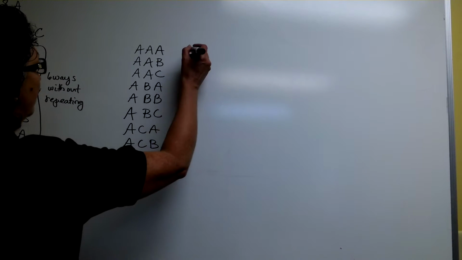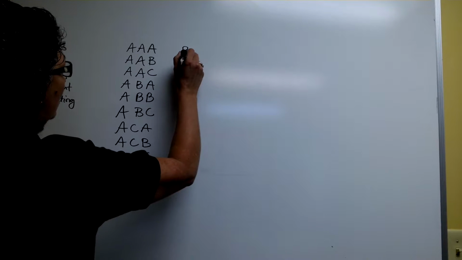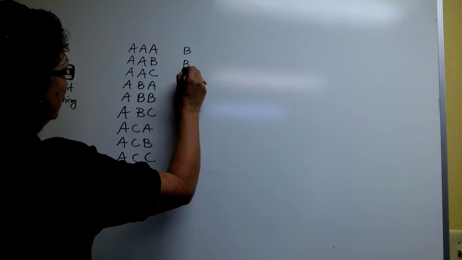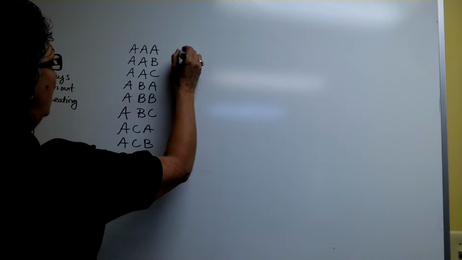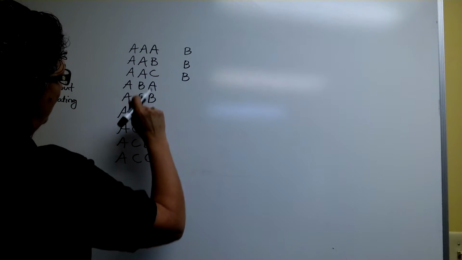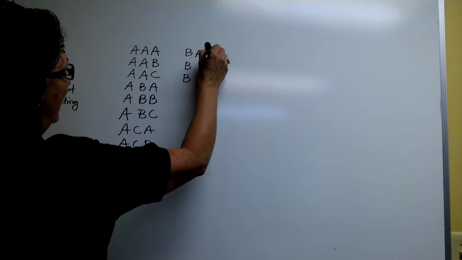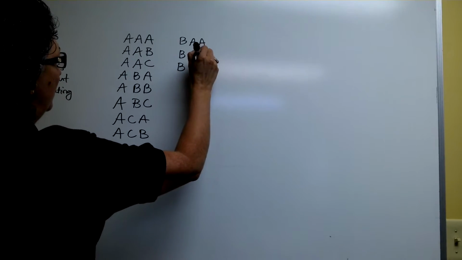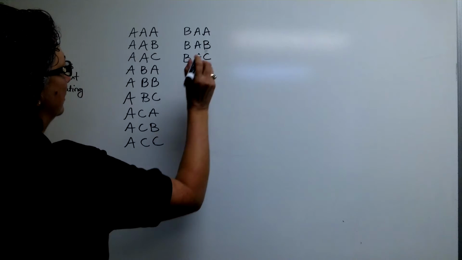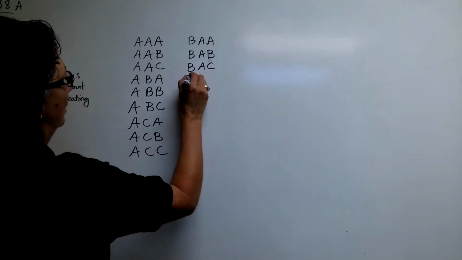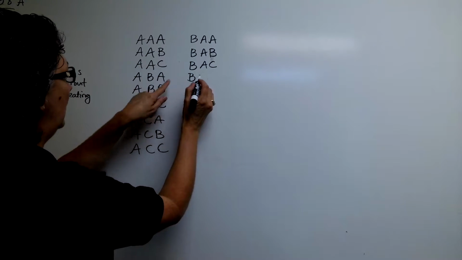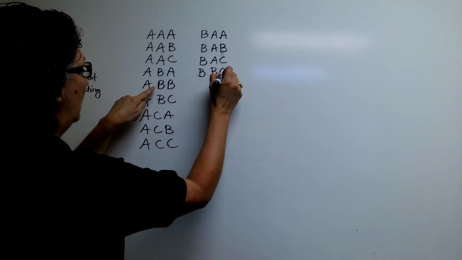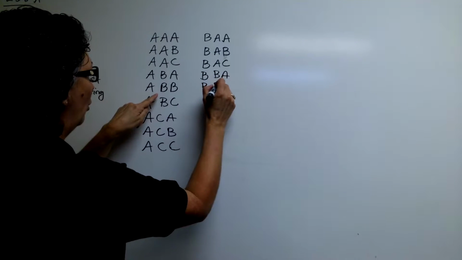But what if we answer the first B? We're also going to have 9 possibles. I could have B, and I'm going to follow the same pattern. We could have an AA, AB, and an AC. First is B. We could have BA. We could have all B's.